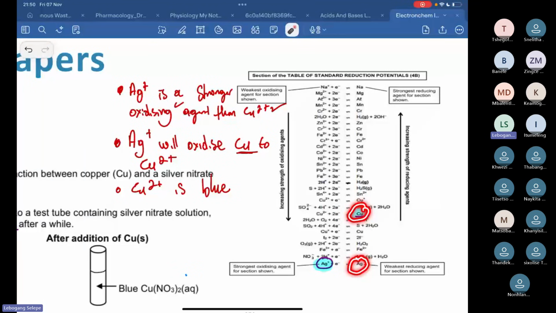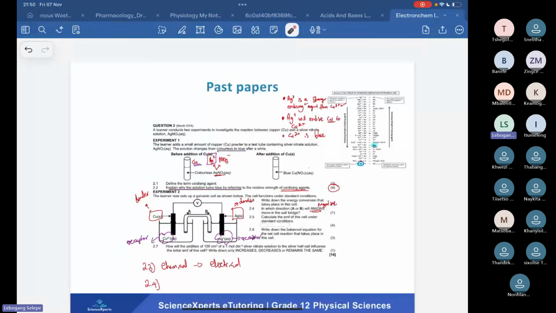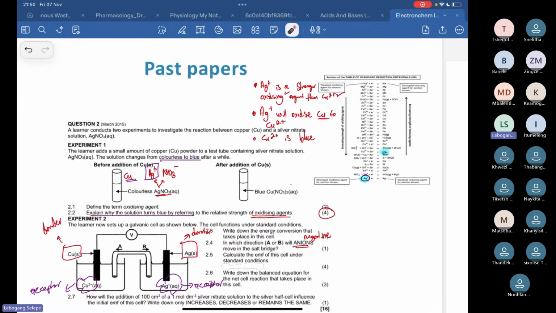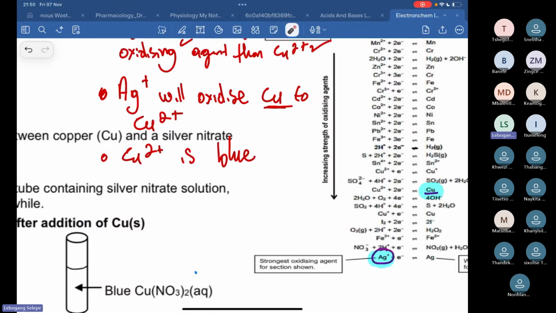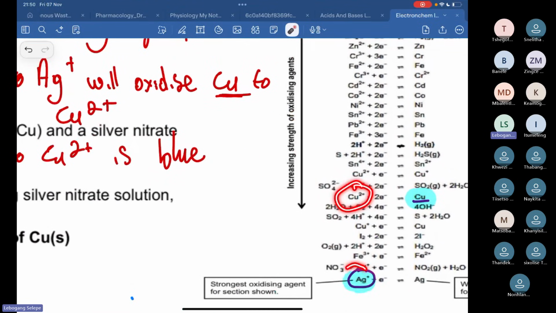The stronger one needs to win. Which one is stronger? As you can see, the arrow is facing up. As you go up, the strength of being a donator increases. So the Cu would be the one that donates electrons. With that being the case, it means that Ag plus would accept those electrons, because if you look at Cu2 plus and Ag plus, Ag plus is a better acceptor than Cu2 plus.